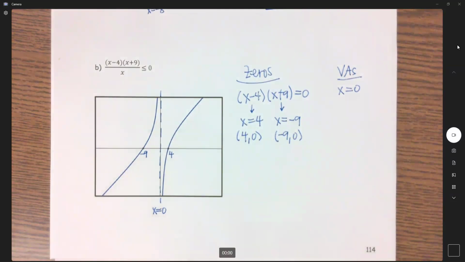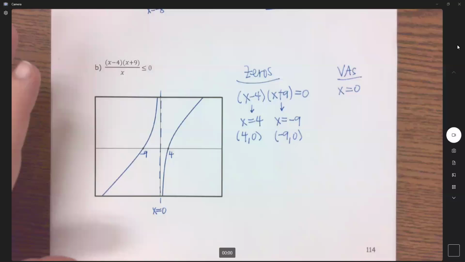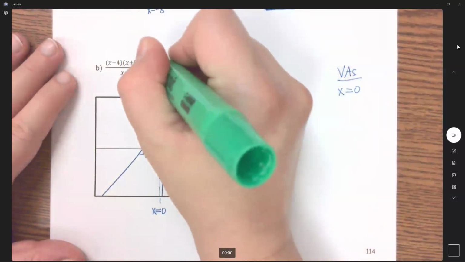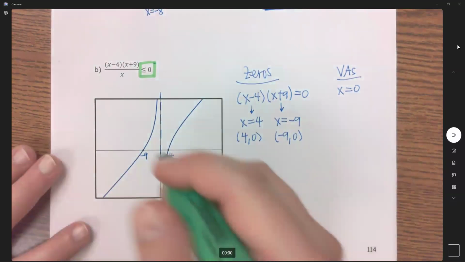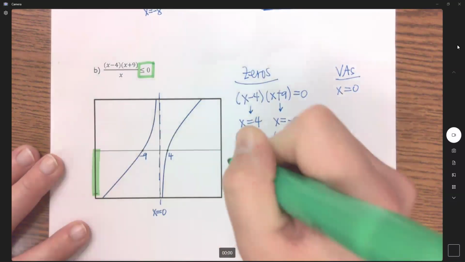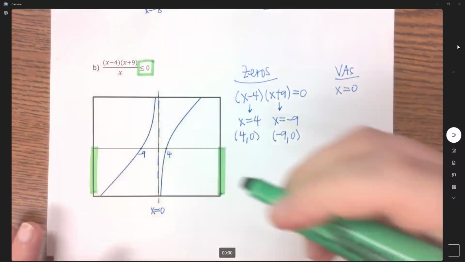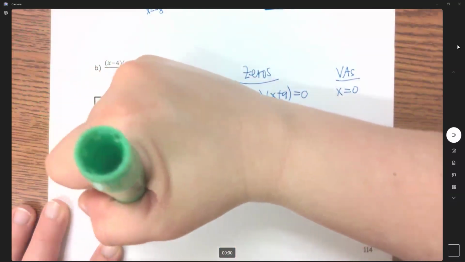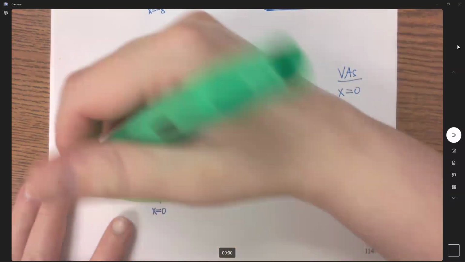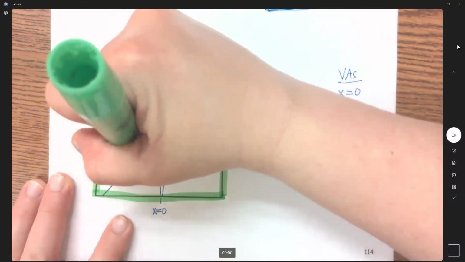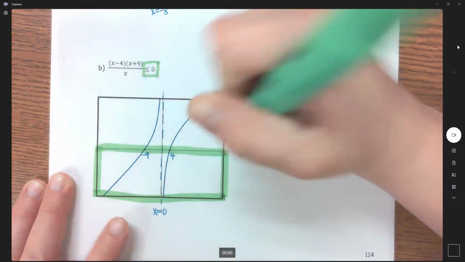We have our x-intercepts or zeros, and we have our vertical asymptotes. So this one, we want to know when this graph is less than or equal to 0. So we are again talking about what is below the x-axis here. And because it's or equal to, this time we are including the x-axis.